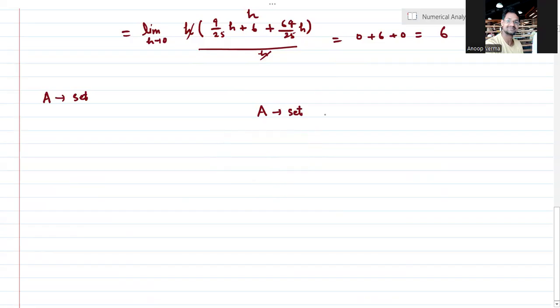Okay, we have a set, and that is finite or infinite. And if a set is infinite, there are 2 types. We say it is denumerable or uncountable.